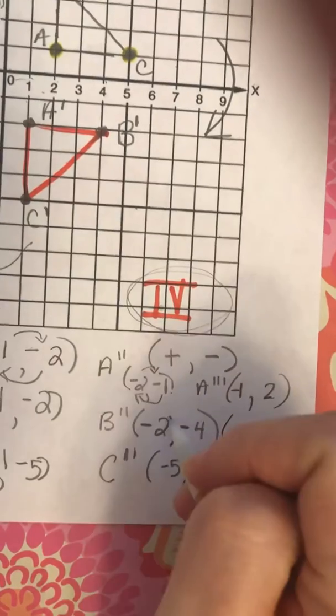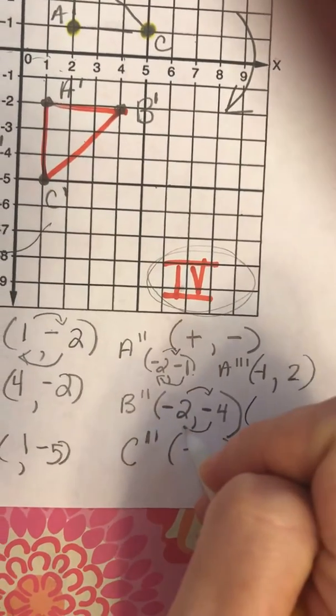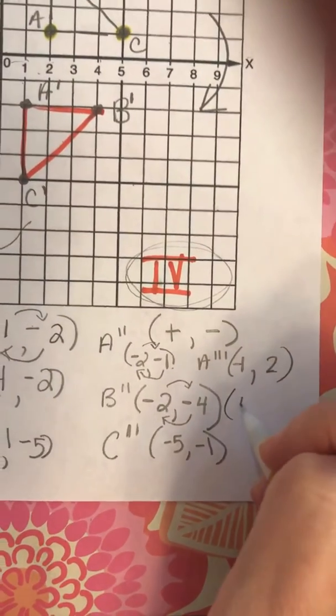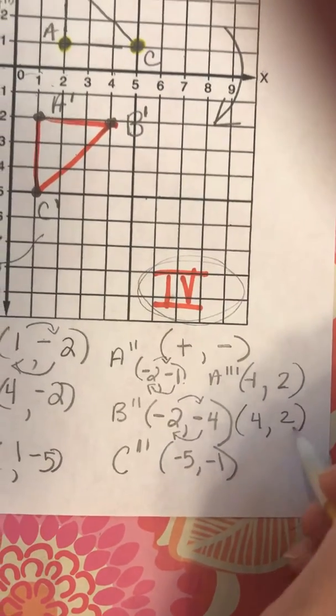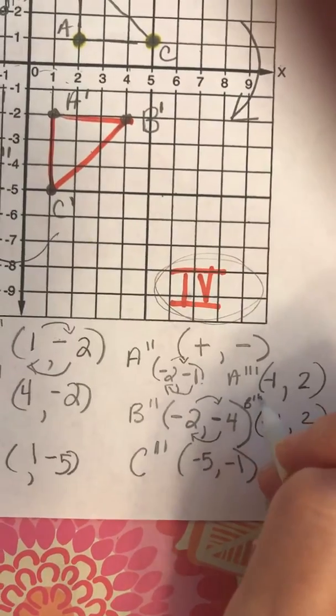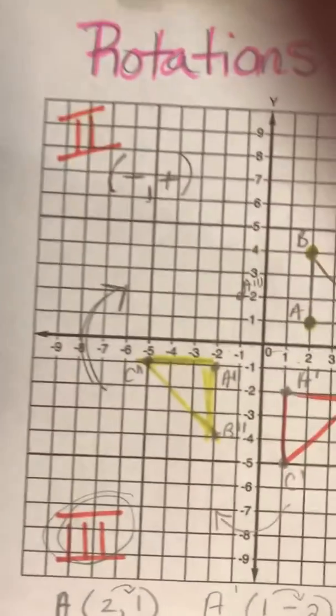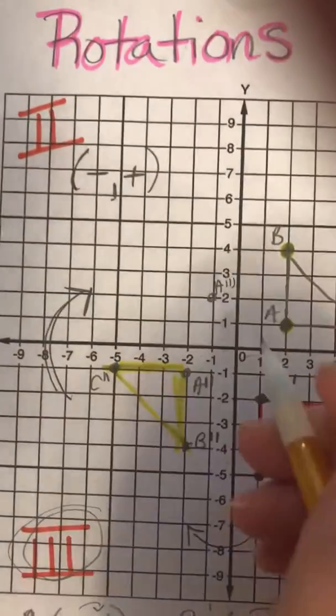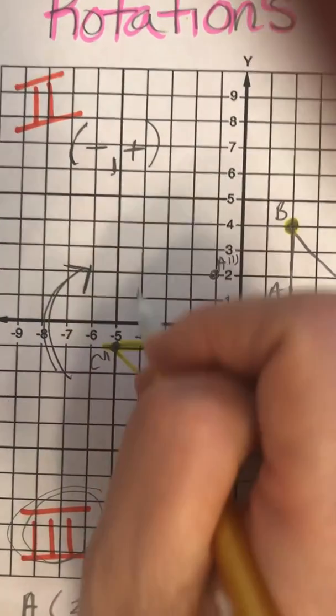My B, switch my numbers, my X and my Y, (4, 2), and keep that X negative, and so my B triple prime, if I come up here, is (-4, 2).